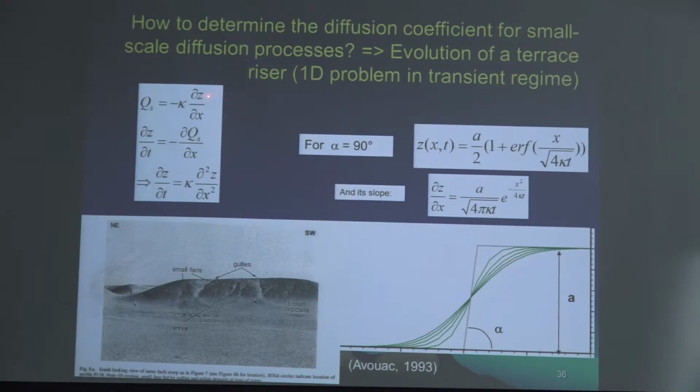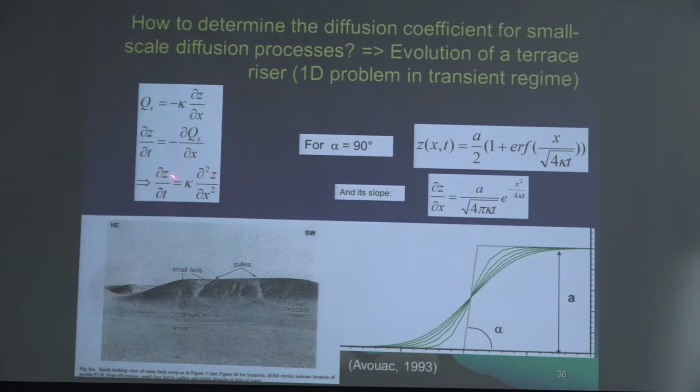If you take again the diffusion equation that drives the evolution of your hillslope, and consider the terrace riser evolution, there is no uplift in that case, so the uplift term has vanished.